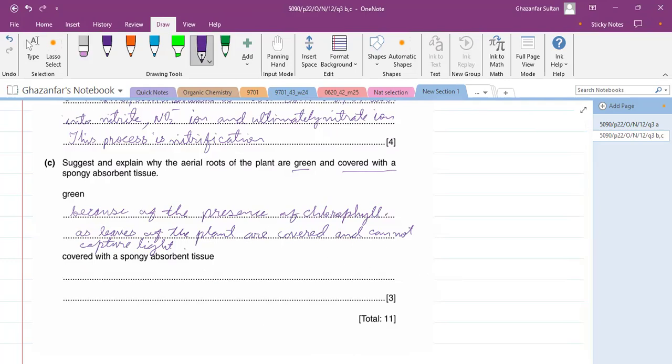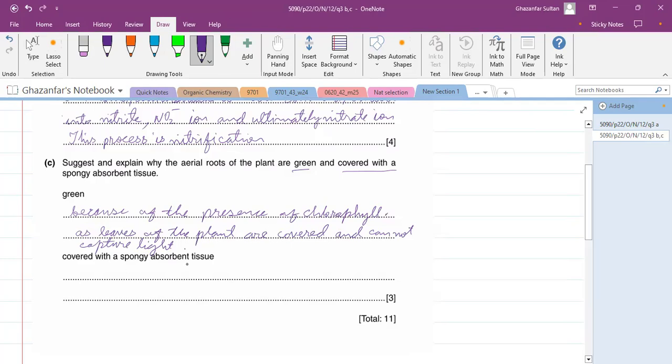So remember that this plant is developing on the tree. So it has to absorb some water and store some water so that enough water is available for the normal function of the plant.